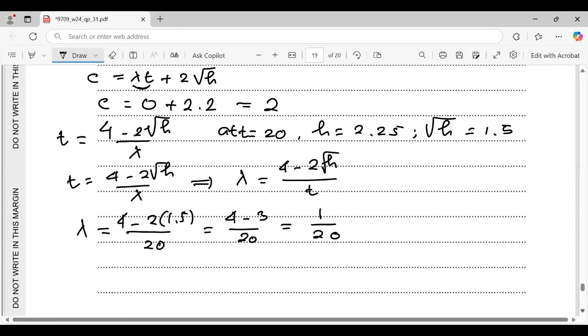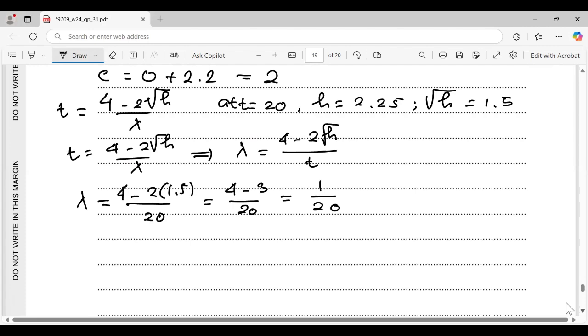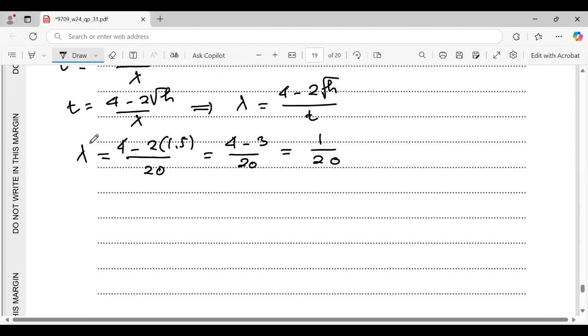And the final expression for t equals 20 times 4 minus 2 square root h, which equals 80 minus 40 square root h.